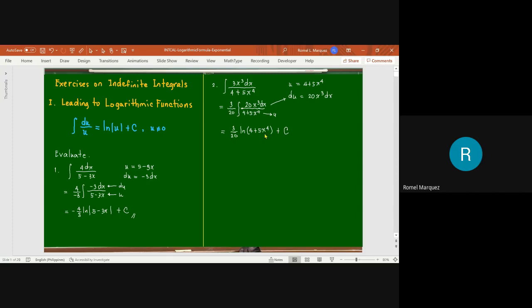Whatever you input to your x, it will never be negative because it is raised to 4. Plus 4, so then it will never be negative. And in fact, it is also never 0. It is always positive, whatever x you input. Is that clear, guys? Unlike in number 1, there is a possibility that when you input x, the inside of the logarithm will be negative. Okay? So that's the answer.